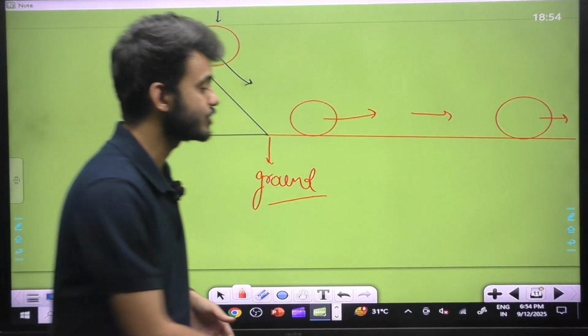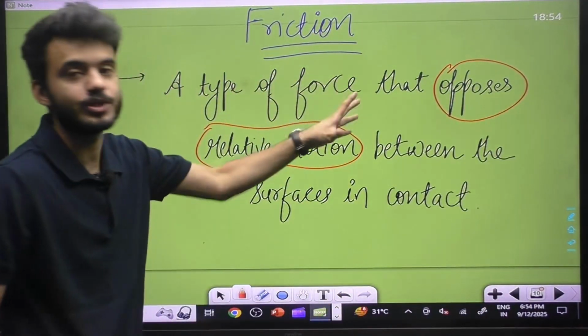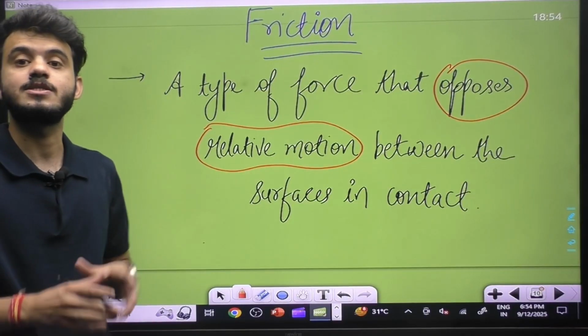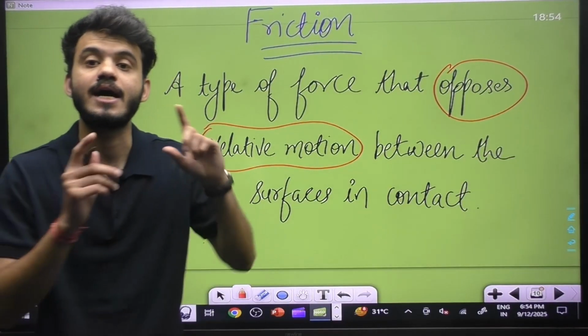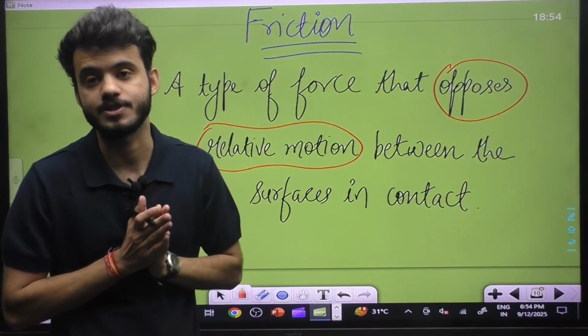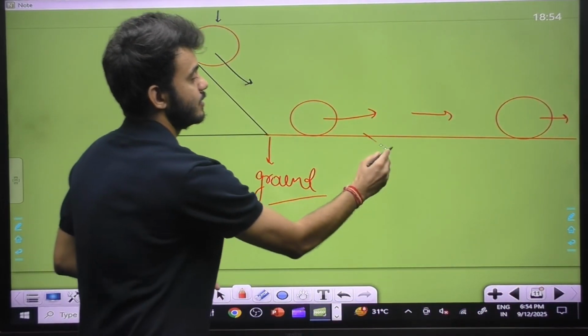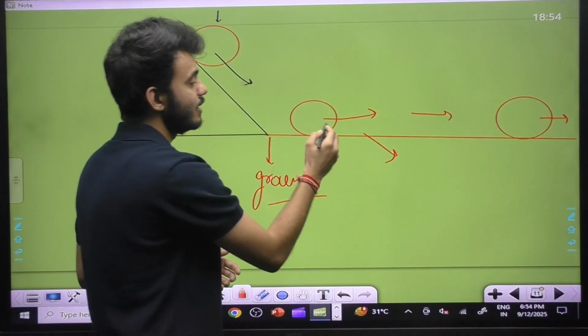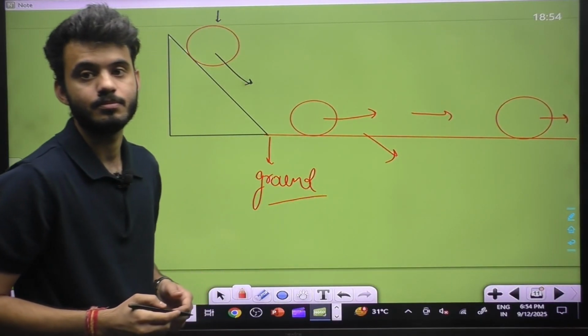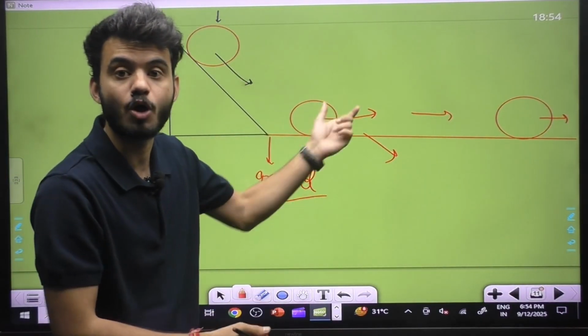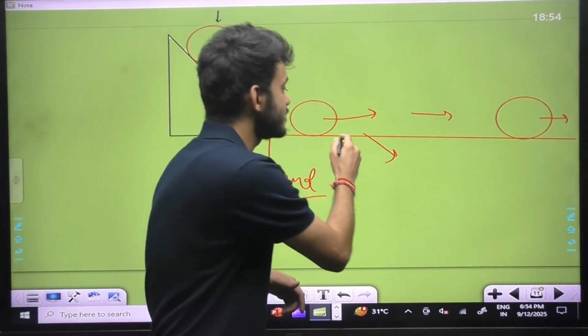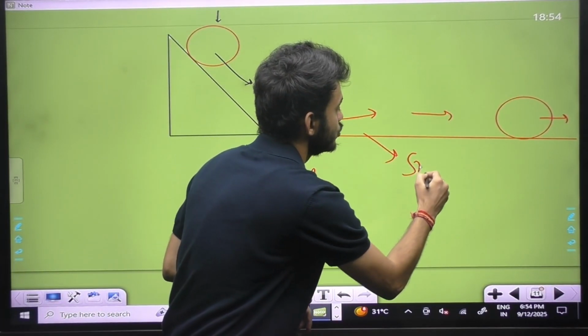Okay, so friction, let's try to get back to the definition. Friction is a type of force which opposes relative motion between two surfaces. So in scenario 1, the two surfaces which were in contact, the ball and the ground, the surface between those two was smooth.